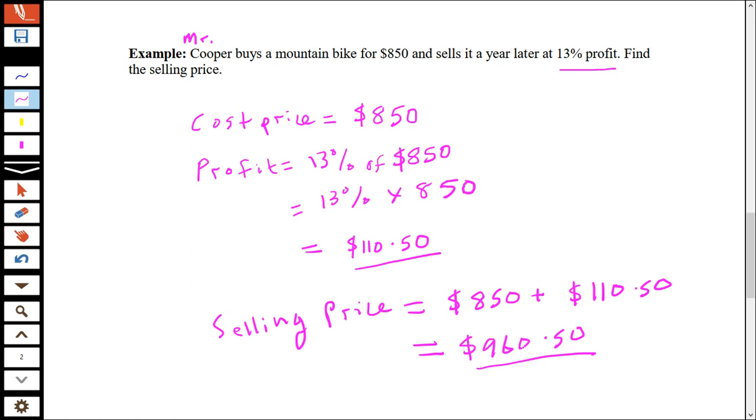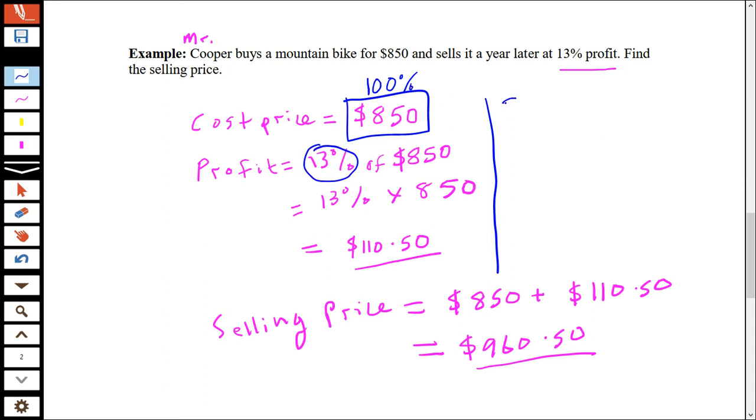Okay, now there is a quick way of doing that question. I'll just show you a little shortcut for this one. Now, the quickest way, because we're selling it for more than the original price, I'm going to say that represents 100% of my cost price, and I'm making a 13% profit.